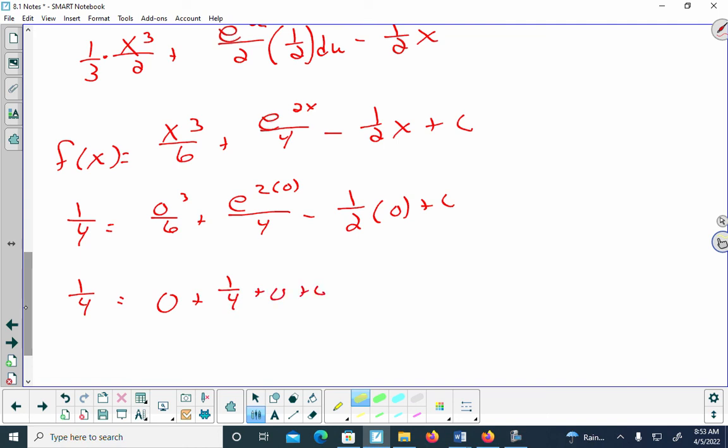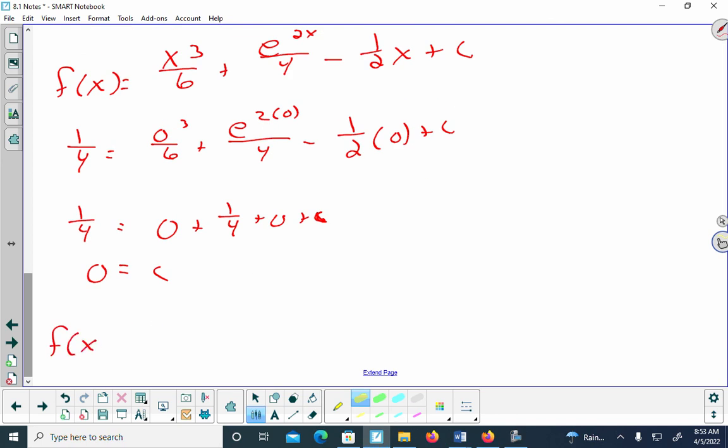So subtract 1/4 from both sides. And when I do that, I get 0 is equal to c. And so then my final f of x is going to be 0 in for this c. So it's going to be x to the third over 6 plus e to the 2x over 4 minus 1/2 x. And that is my final answer.